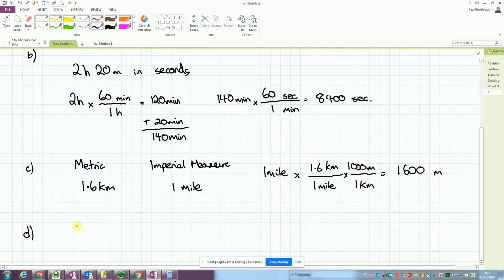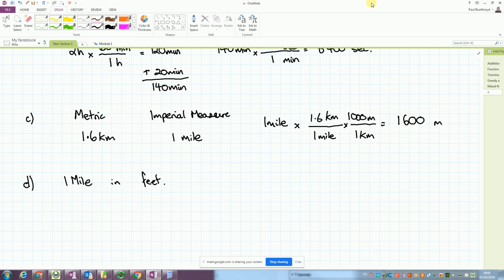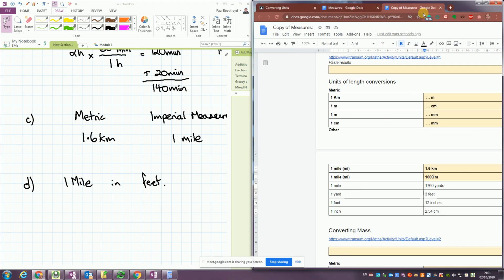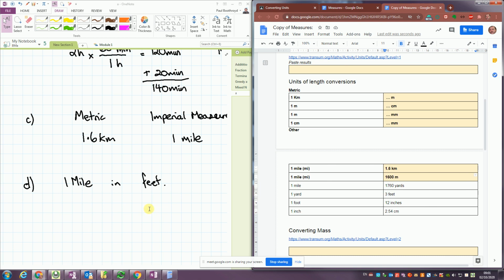So 1 mile in feet. I'll use the information I've got. Let's do 1 mile first. So 1 mile is my starting point.